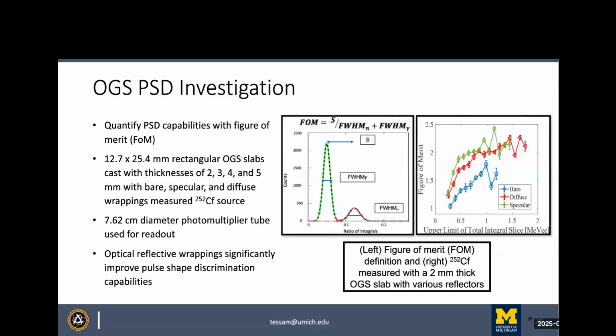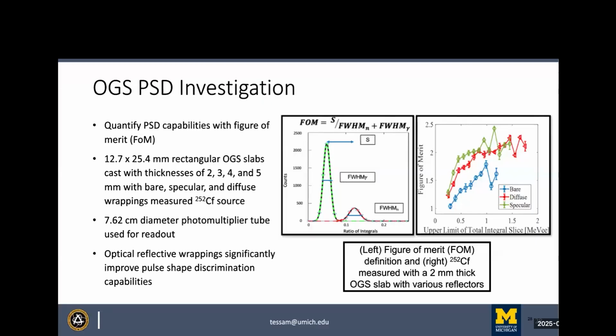We make a histogram of all the tail to total integral ratios, and there should be two distinctive peaks, a lower value one for the gammas, and a higher value one for the neutrons. And then we take S, which is the distance between the centroids of the two peaks, and divide it by the sum of the full width half maxima of both, and that's our figure of merit.